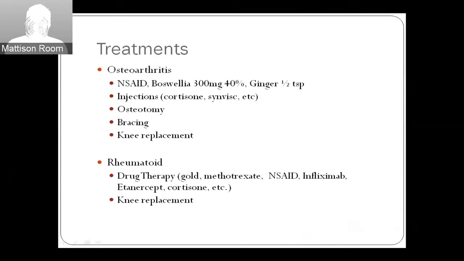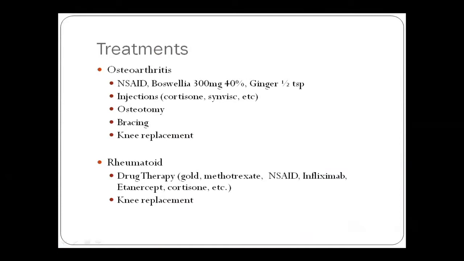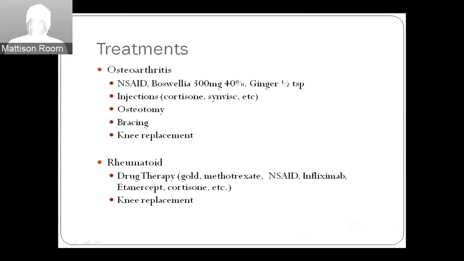Sometimes that's diet and exercise, physical therapy, maybe some over-the-counter anti-inflammatories, NSAIDs like your Aleve, Advil, ibuprofen, Motrin, things like that. And then you can work your way up as you need to. So the big difference is the inflammatory arthritis, such as rheumatoid, psoriatic arthritis, gout.